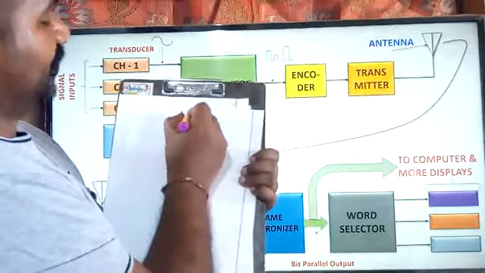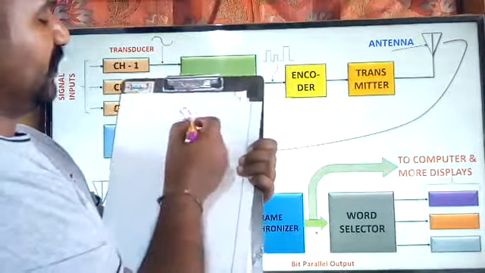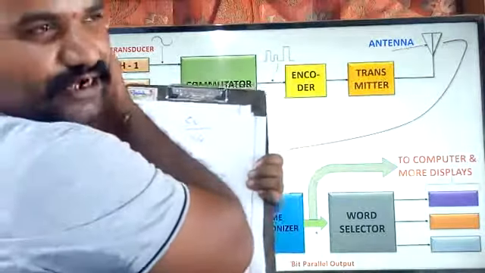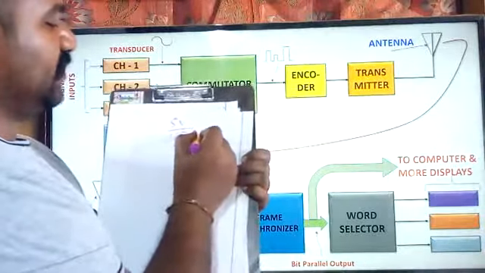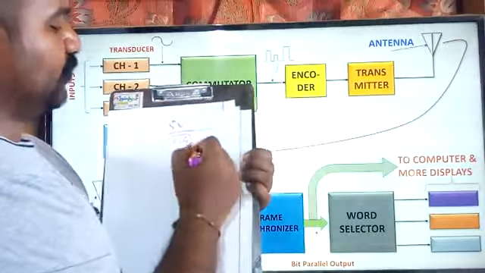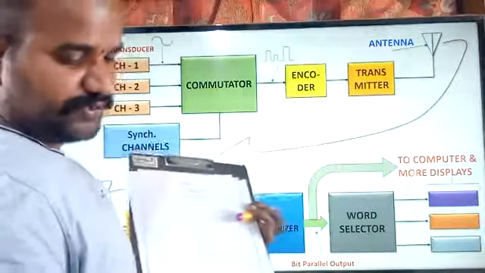If you want, you can take 1024, or you can take 2 power 10 minus 1, which is 1023. Generally, we take 2 power 10 minus 1. Then a small variation is going to be observed.